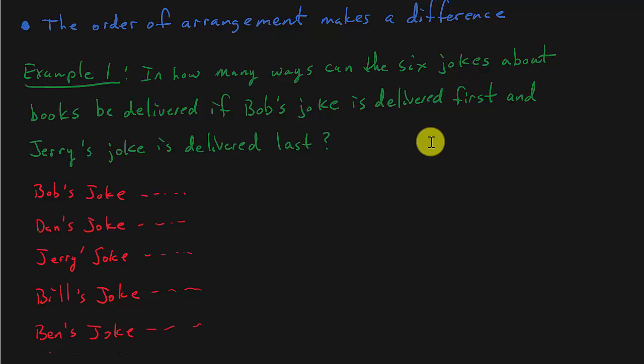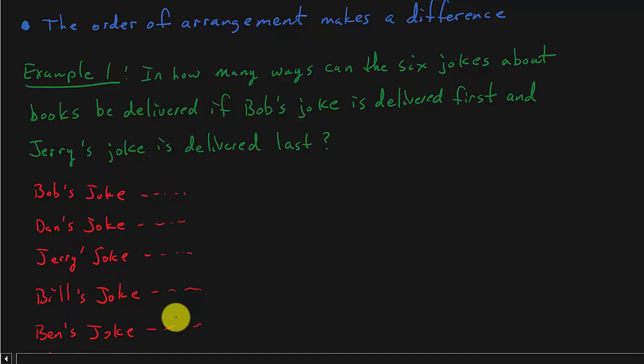I got this problem out of a book, and they have these different people that tell a joke, and they actually have the joke written out in the book. I didn't want to write all that out, so Bob's joke, it's this. That's what the 3 dots are. I just didn't write it out.